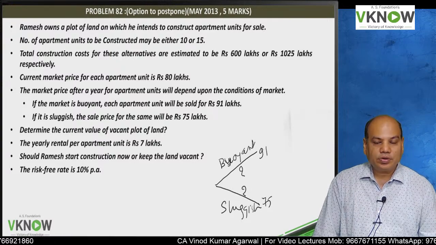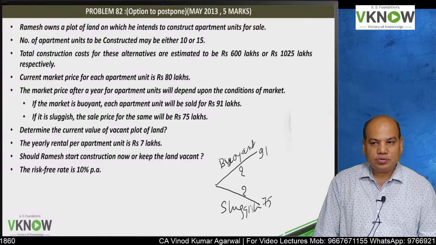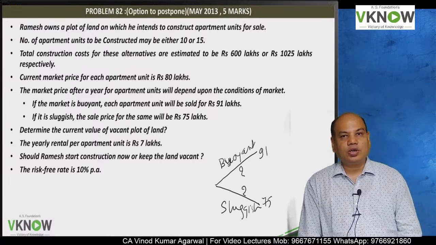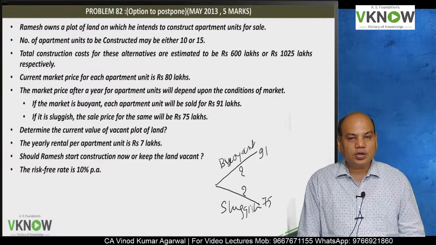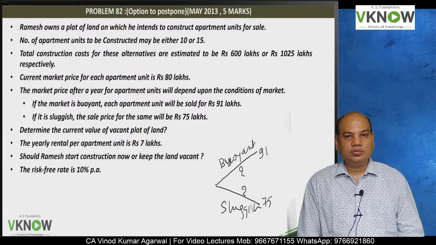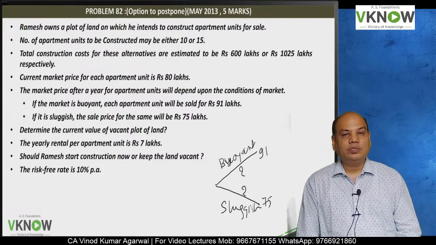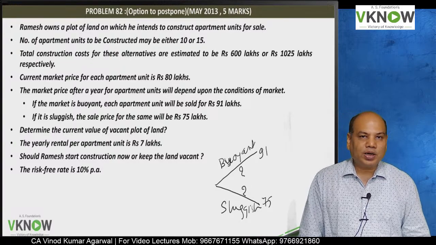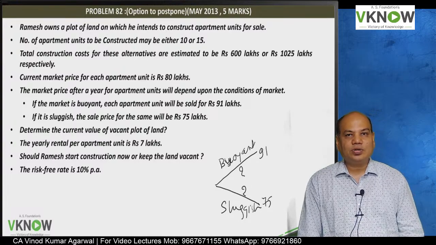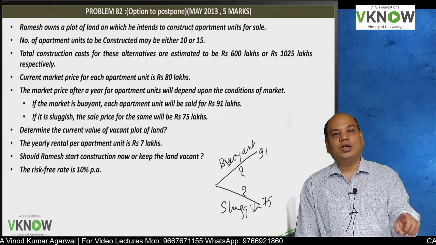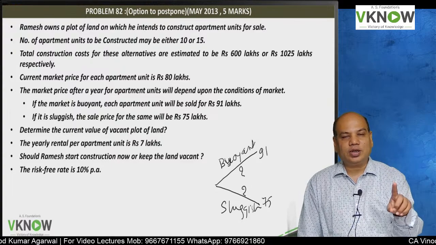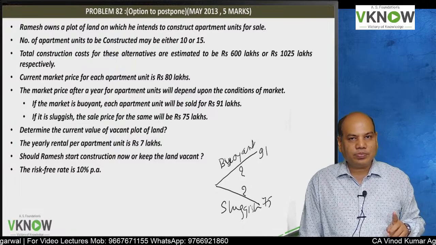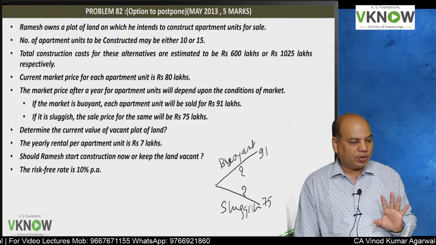Don't worry. We have studied option valuation models. One of the option valuation models we have studied was the risk neutral model. And in that risk neutral model, we have learned how to calculate the probability of price rise or price fall. Using that same knowledge of probability learnt in the risk neutral model, we are going to calculate the probabilities.